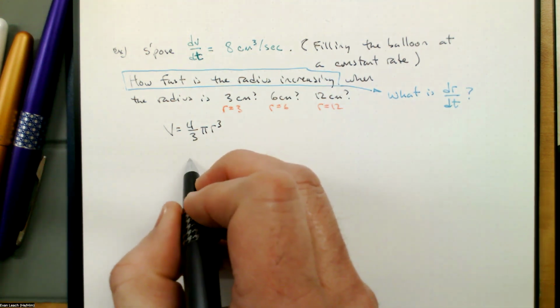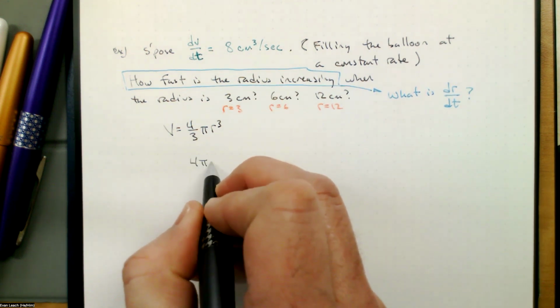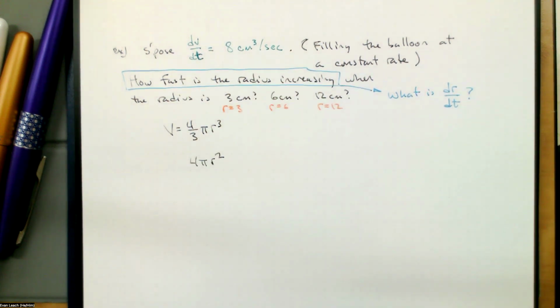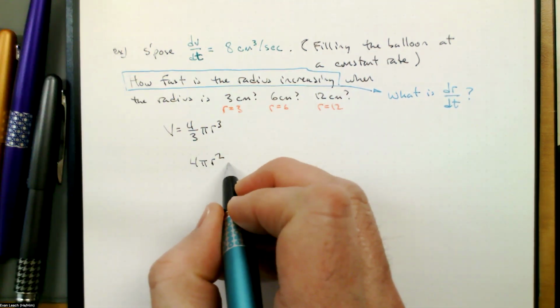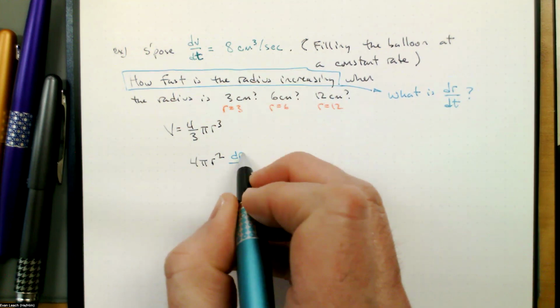So we write 4 pi r squared. That's dV/dr. This has to get multiplied by dr/dt, presumably the thing that we're looking for.